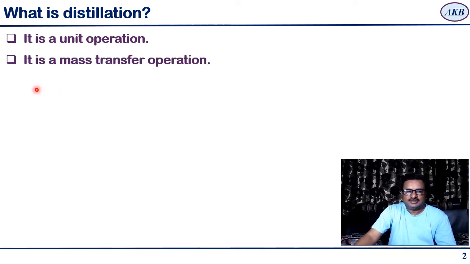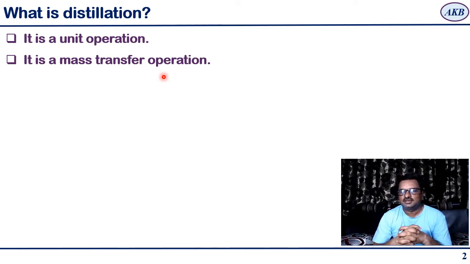Then second point that we can write for distillation is it is a mass transfer operation. What is a mass transfer operation? Let us understand. Mass transfer operation is that operation whose objective is to separate components of a liquid solution or a gas mixture, and in doing so it results in change in composition of that solution or the gas mixture.